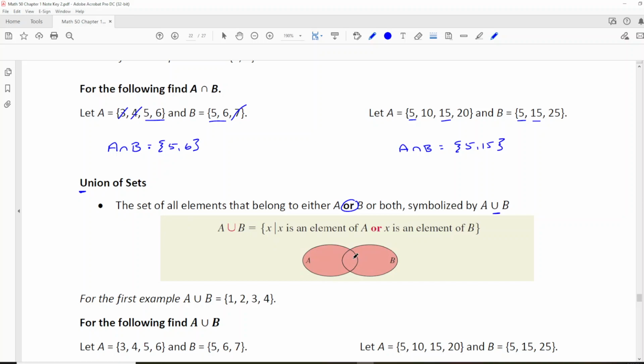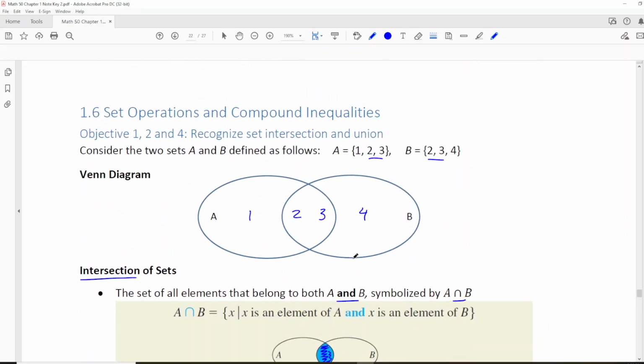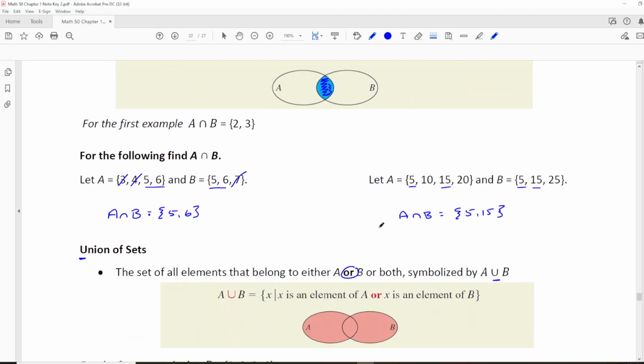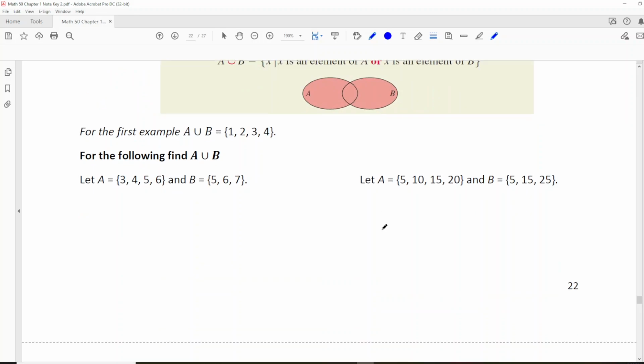So for my first example, it'd be anything in either of the circles. So 1, yeah, that satisfies A or B. 2 satisfies A or B, in fact, and 3 and 4 satisfy A or B. So it's anything that's in any of the sets. You just don't want to write numbers twice. So for example, in this set, like we did above, if we wanted to figure out what satisfies A or B, you want to make sure all the numbers of both sets are listed.